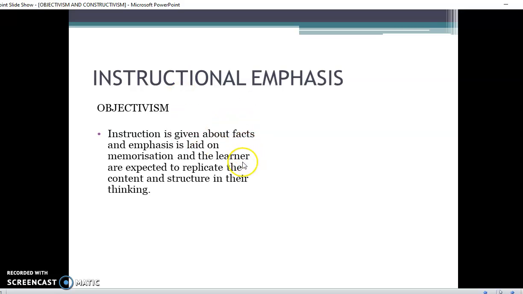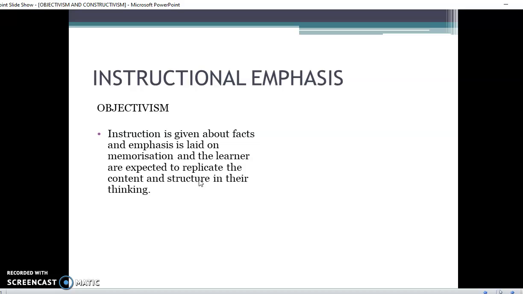Sometimes replicating the content is what is focused on, and in a way it is making them think in a particular manner which the teacher has designed for herself or himself.